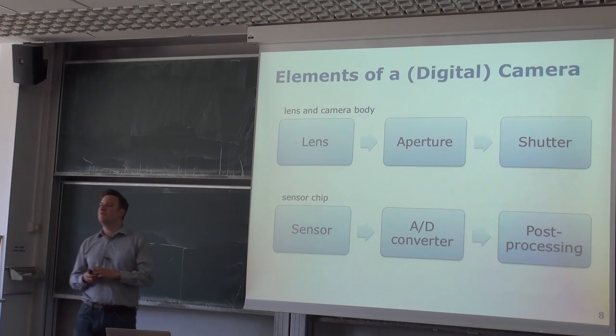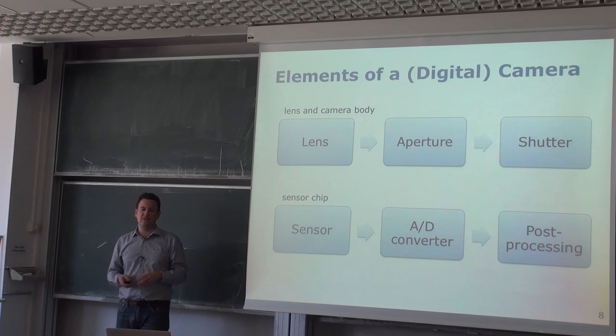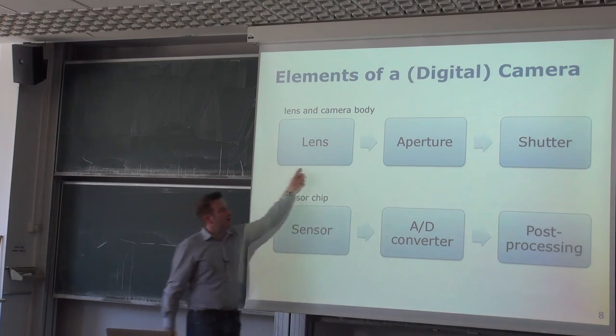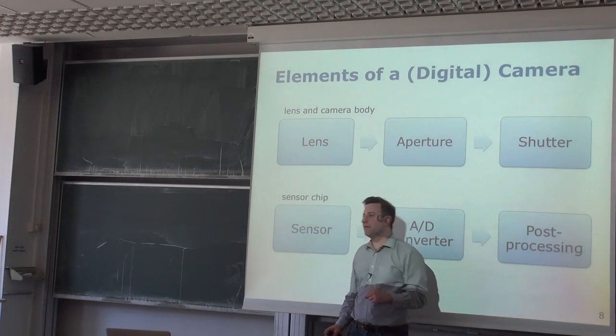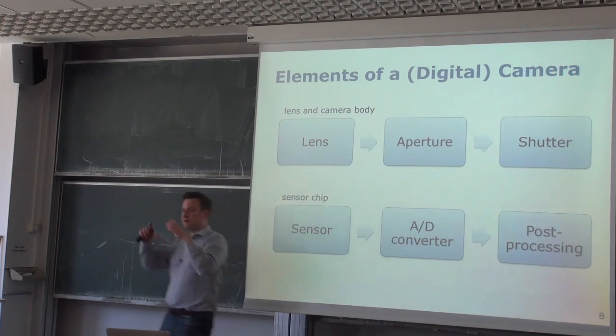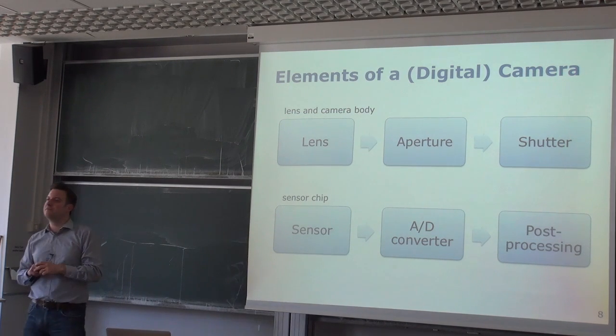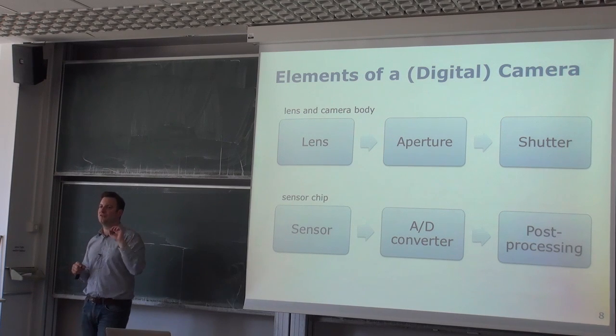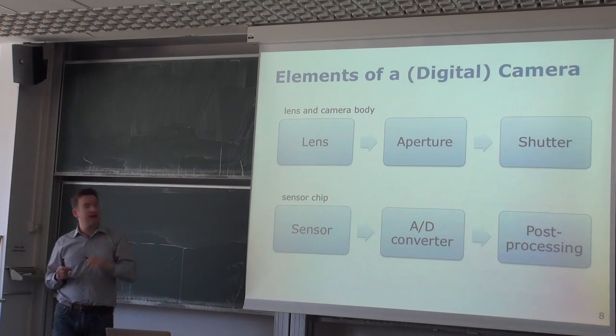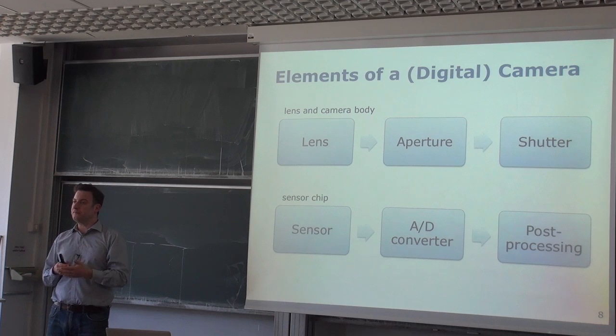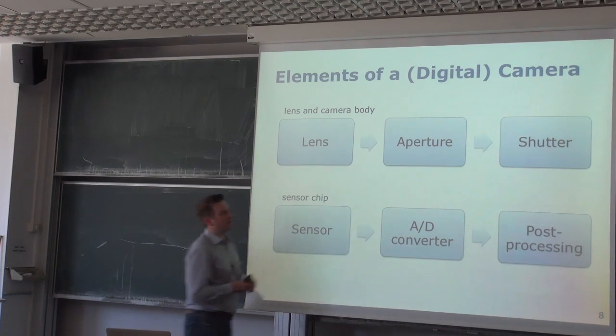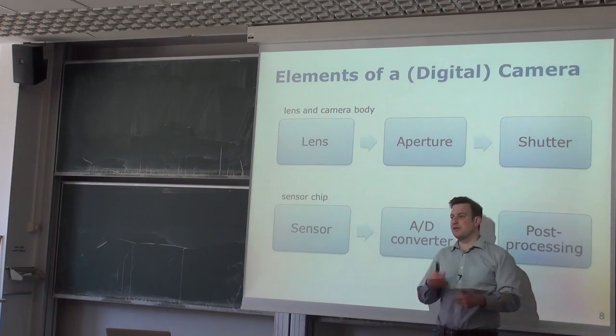But of course, if we have a lens, we can collect more light and typically create better images. Then it's the aperture, which is an important thing, or the Blende in German. This is the size of the opening between the lens, or it's part of the lens typically, and the chip itself. And we have also the shutter, which can control the exposure.